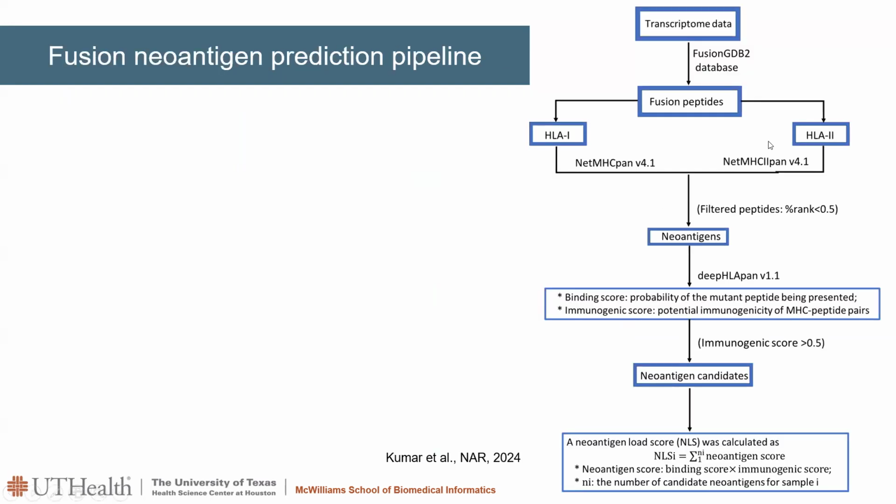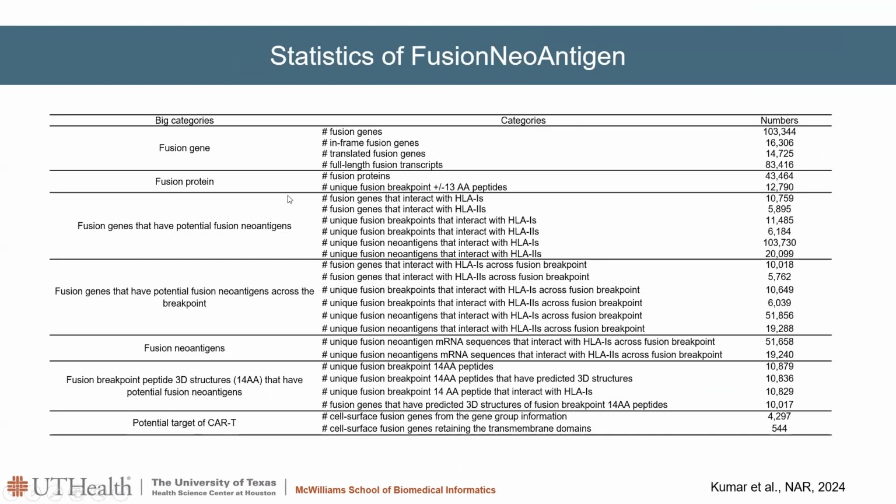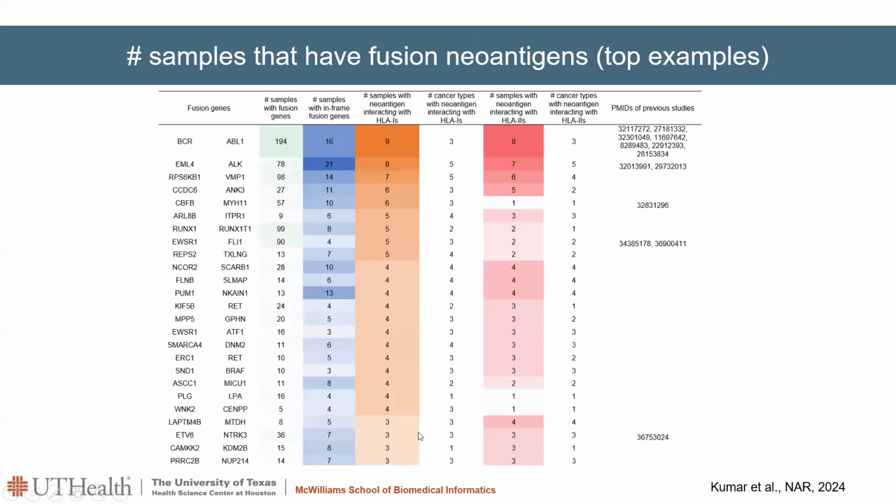This is showing the pipeline of fusion neoantigen prediction. It is very similar to the general way. So far, there are not many studies done on fusion genes and neoantigen. This one shows the general statistics of fusion genes: how many fusion genes, how many are translated, how many HLA, this kind of stat.